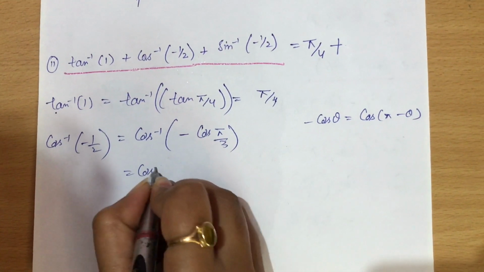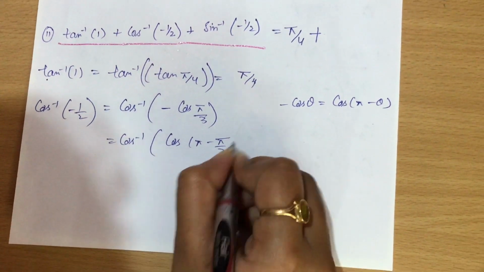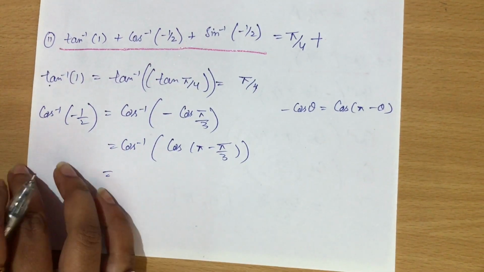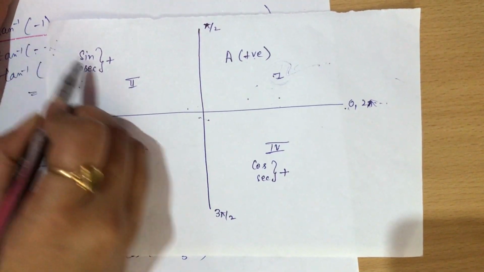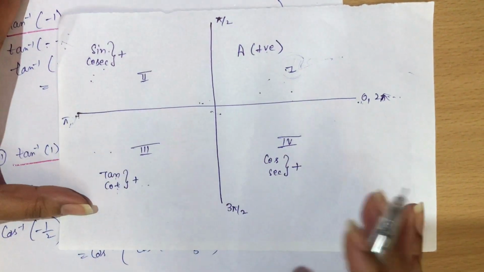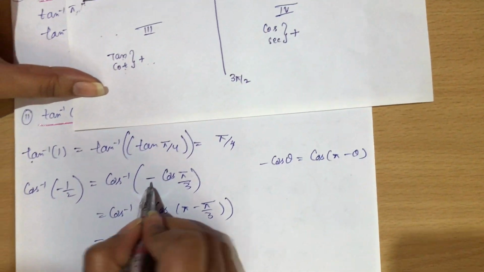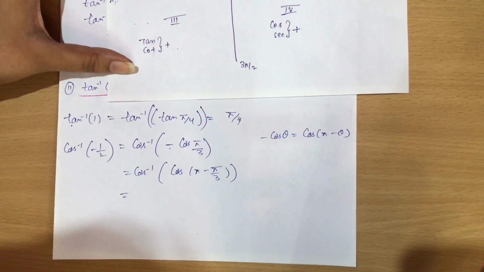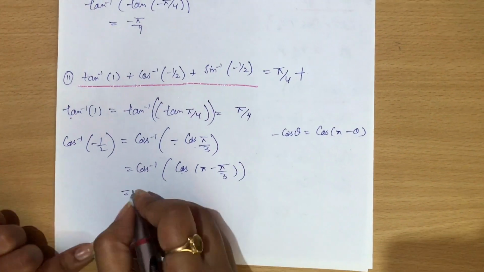So you have to write this as cos inverse of cos pi minus theta. This pi minus pi by 3 lies in which quadrant? Second. And in the second quadrant, only sine and cosec are positive, all other values are negative, so you will get negative, and pi means no transformation occurs, so cos remains cos.